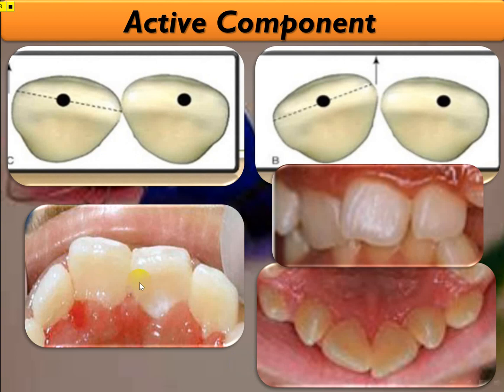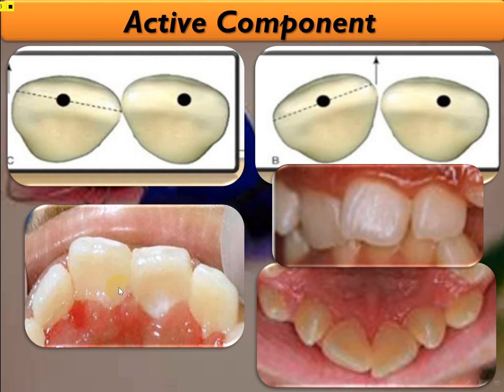This type of rotation in upper central incisors is called mesially rotated central incisors, while this case in this picture is called distally rotated central incisors.